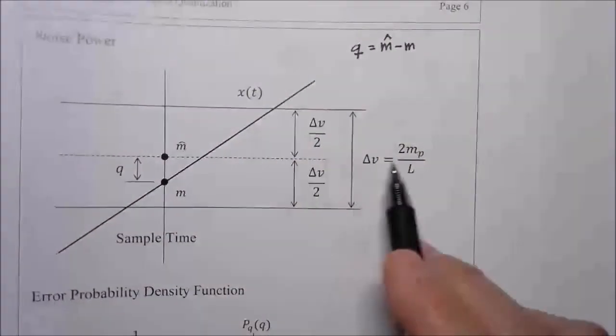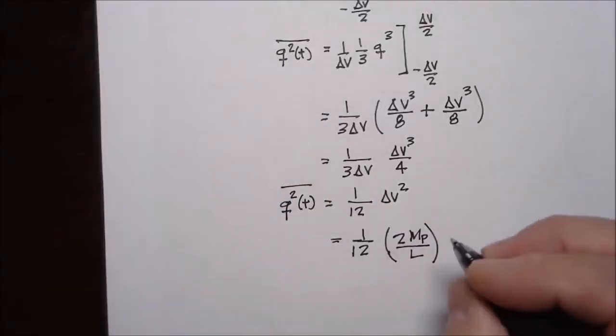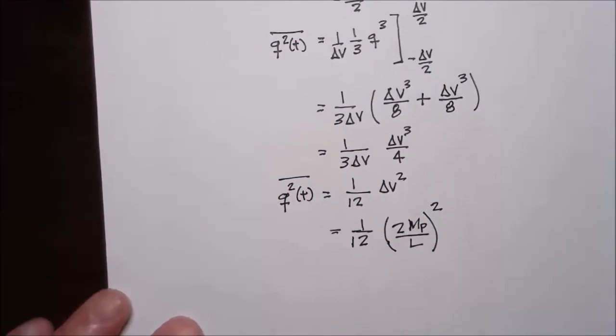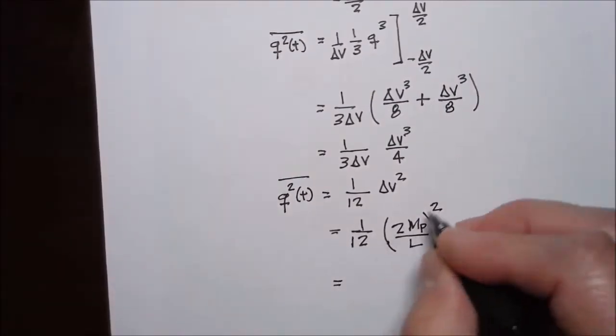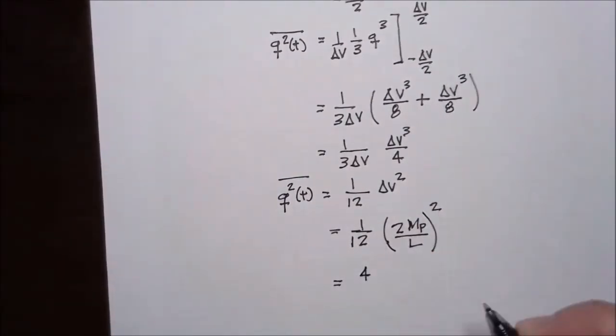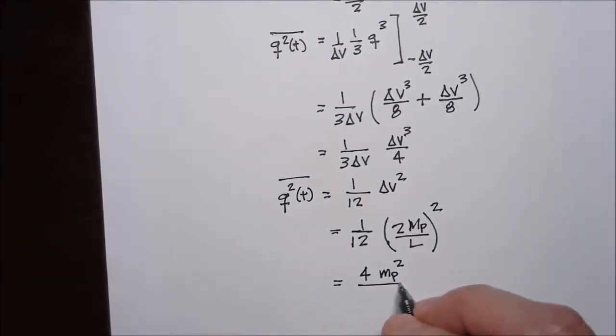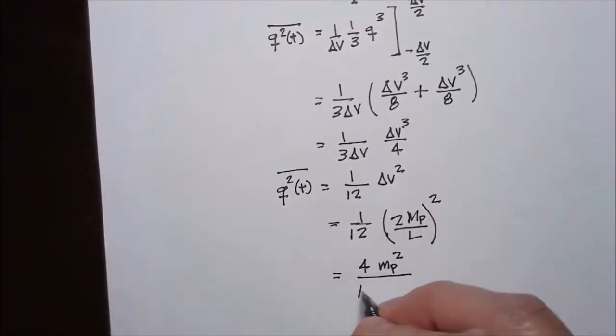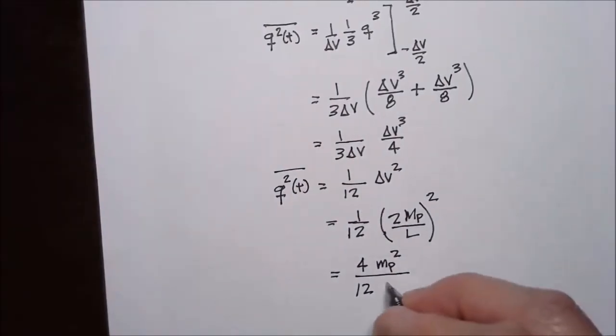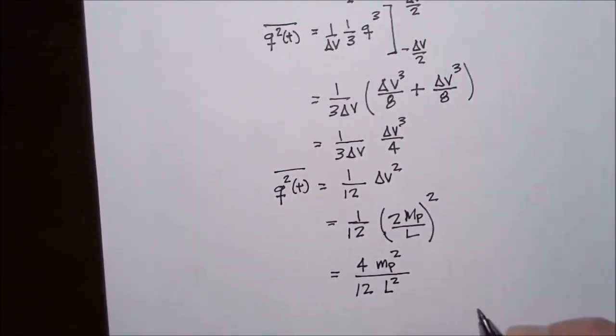So delta V is 2 MP over L, and then that's going to be squared. So 2 squared gives us 4, and we have MP squared divided by 12, and then in the denominator an L squared.